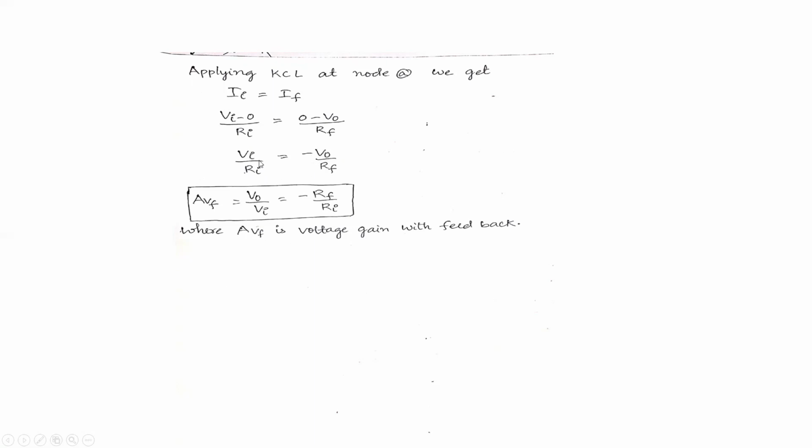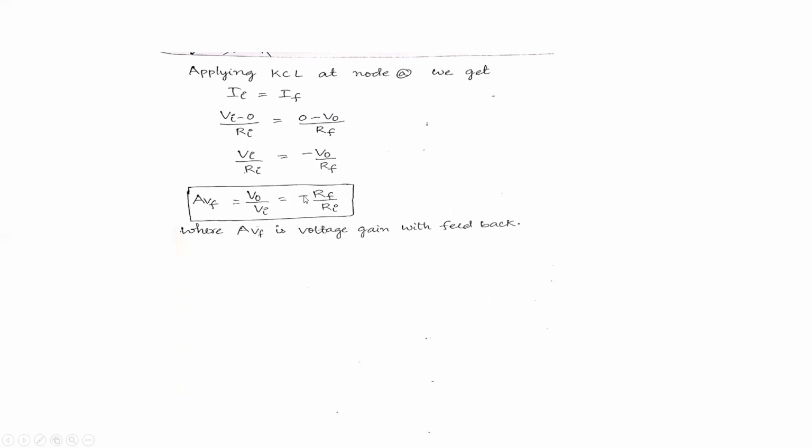V0 is taken to the left hand side and Ri is taken to the right hand side. And then if you take the reciprocal, you get this expression: V0 by Vi equals minus RF by Ri. So V0 by Vi is nothing but the voltage gain with feedback.